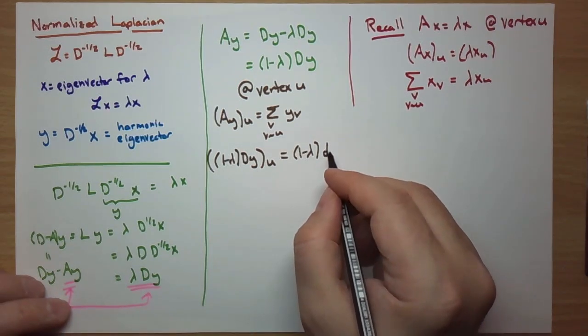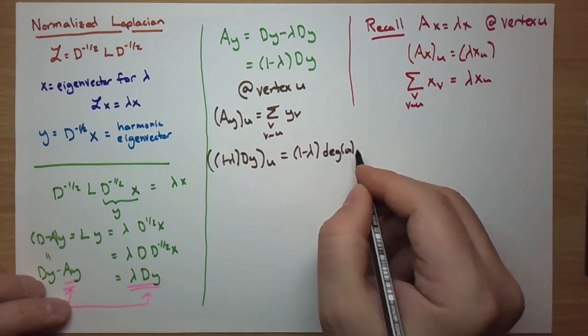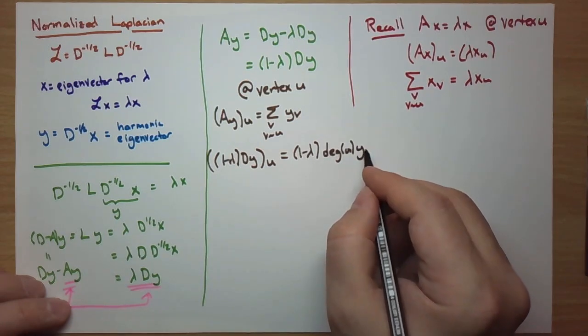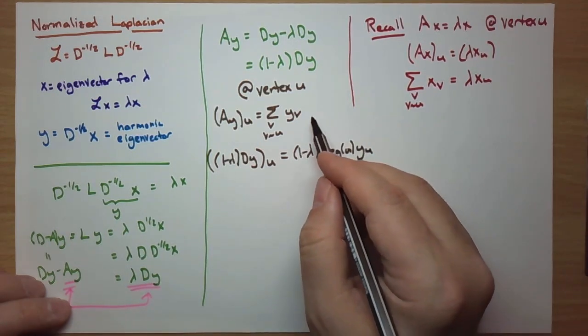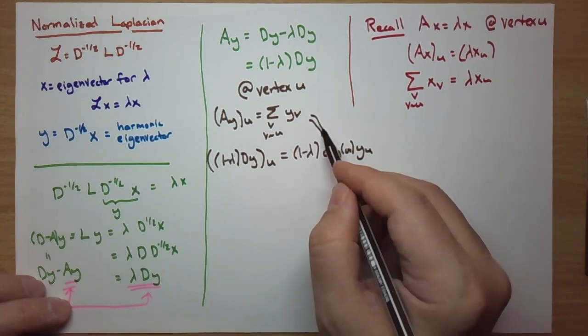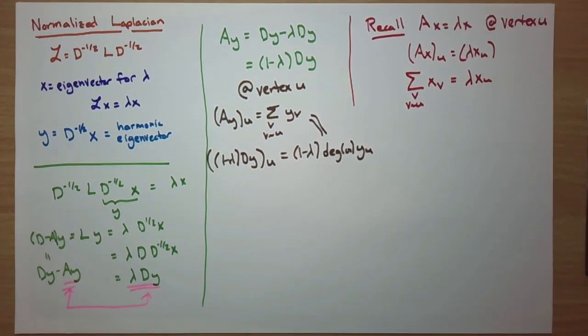Right, it's the degree of vertex U and YU. And so now we say, this is great.